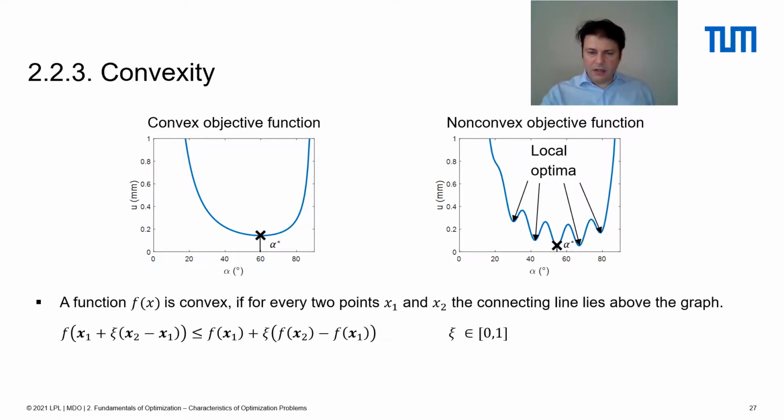Mathematically speaking, convexity means that any function value on a straight line between x1 and x2 has to be below the interpolation between those two function values.